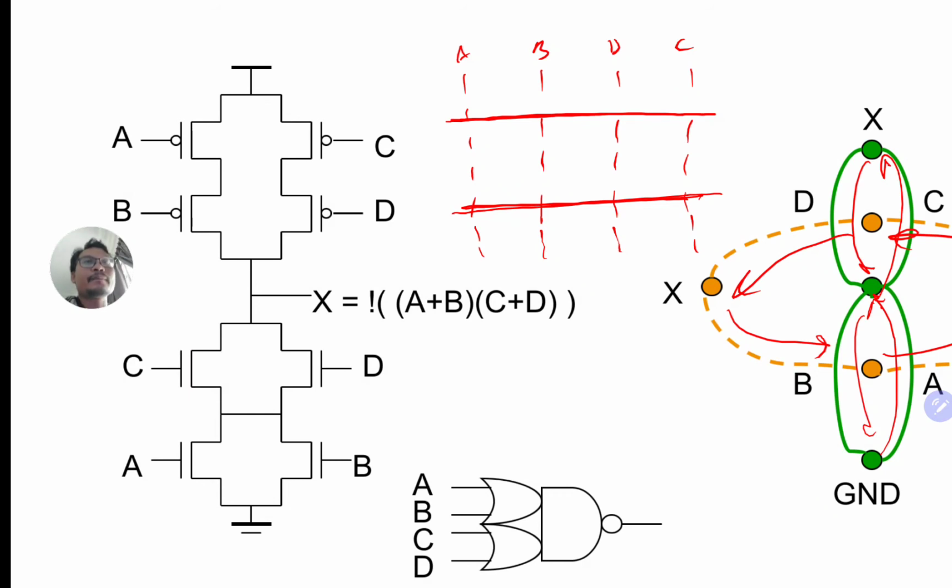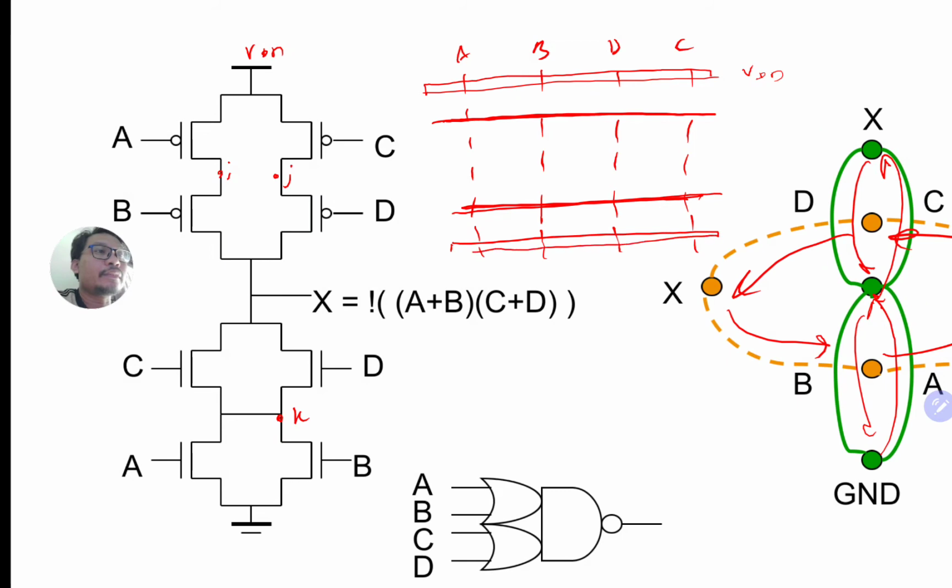Okay, and then we can see that the A transistor is connected to VDD, and this is I, J, and K. A is connected to VDD and also B. Okay, so here is your metal, VDD, and then here is your ground.